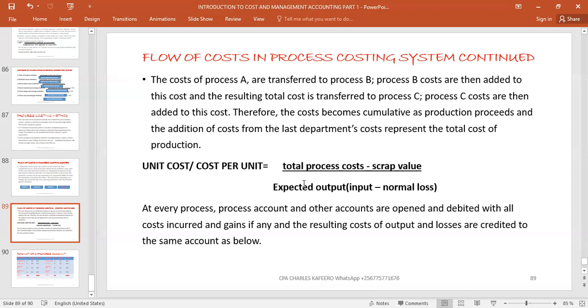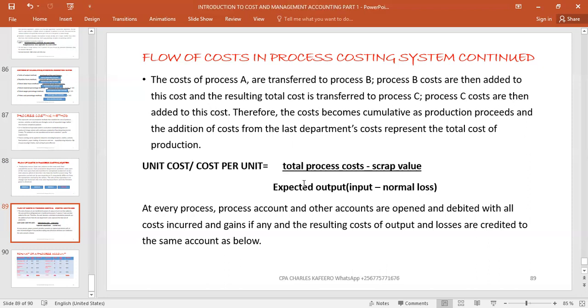We may find that those items can be used by different companies as their raw materials. So what we do, we can even sell them off, but we sell them at a lower price because they are not of good quality. We reduce the price.